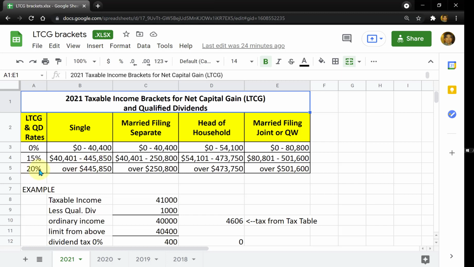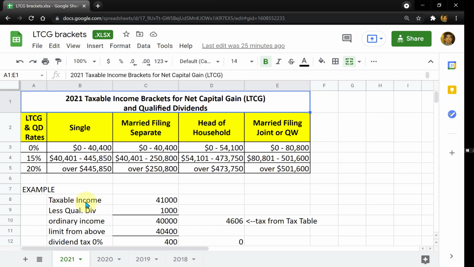Now, what gets a little bit more complicated, and it's on the worksheet, is what would happen if the taxable income falls over this line here, and the qualifying dividends just take them over that. Part of the qualifying dividend will be taxed at zero, and the rest will be taxed at 15%. So I have an example here.